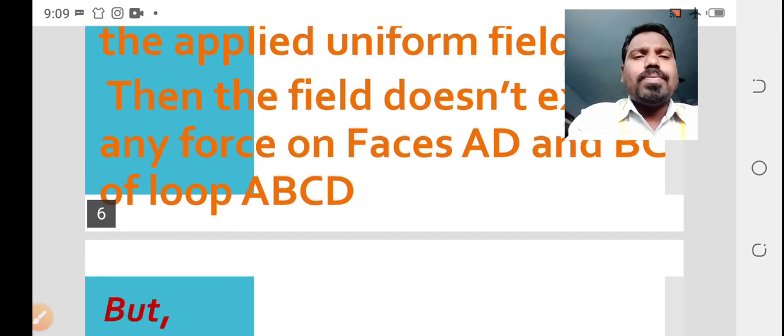Why? Because the loop faces AD and BC and the applied field are in the same direction. That is the reason the field will not exert any force on faces AD and BC.